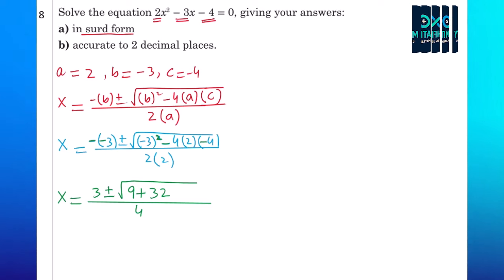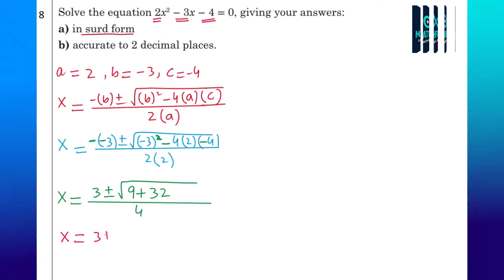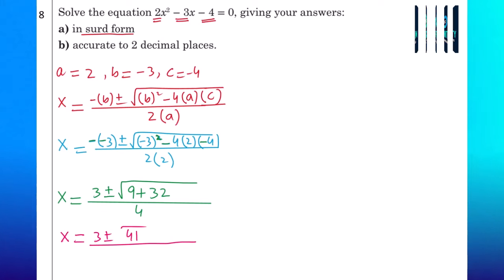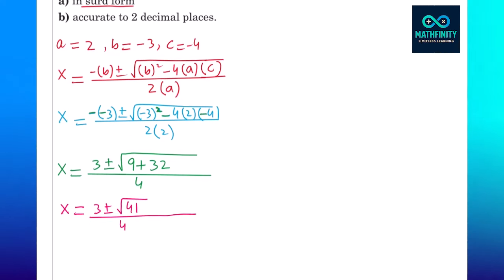Add them. X is equal to 3 plus minus square root of 41, because 9 plus 32 is 41, over 4. This is the fulfillment, or you can say that we fulfill the condition for A part in surd form. You can leave your answer. This is A part.